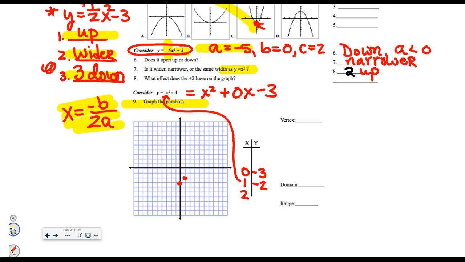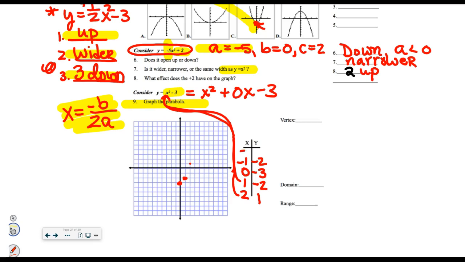And then I'm going to take 2, travel it up here, square it for 4, subtract 3, and get a 1. So I'm putting them in to x squared minus 3. So I'm going to be at 2, 1. Because of the symmetry of the graph, when I put in a -1, I'll get the same as what I had when I put in a 1.